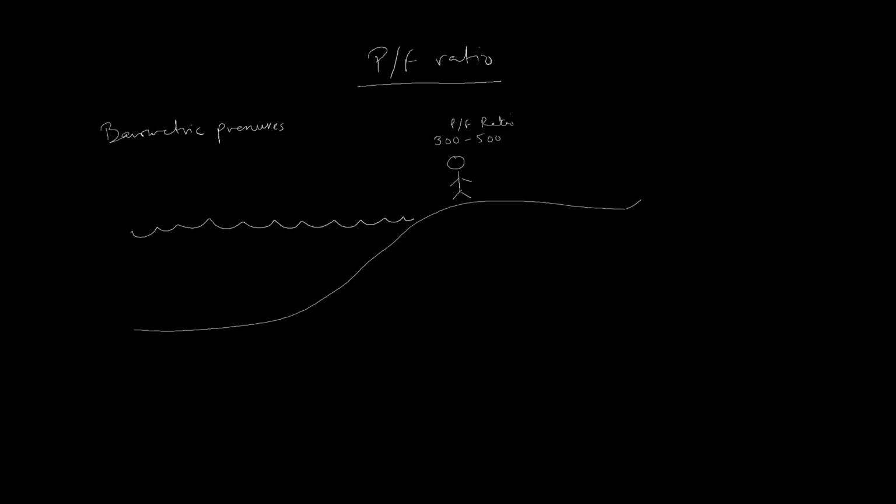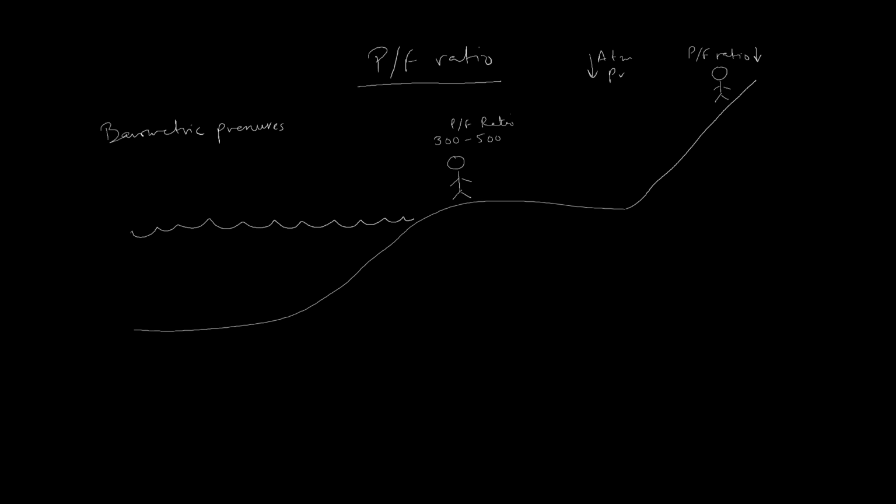whereas the same person, when he goes up a mountain to a higher altitude, his PF ratio will drop because the atmospheric pressure drops as well.